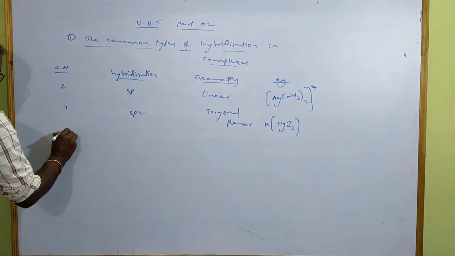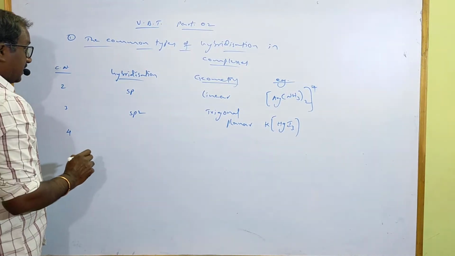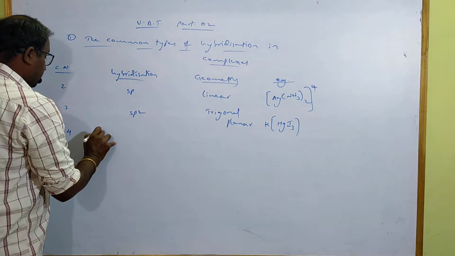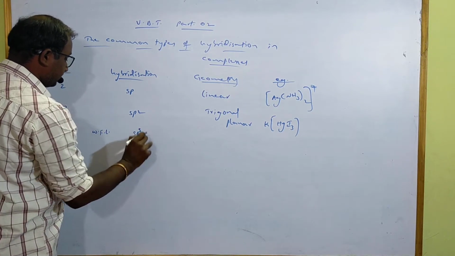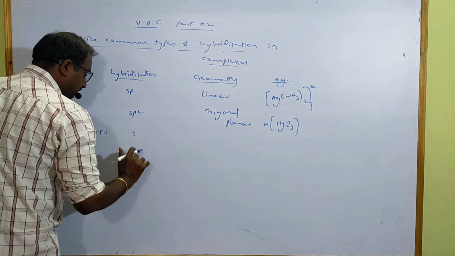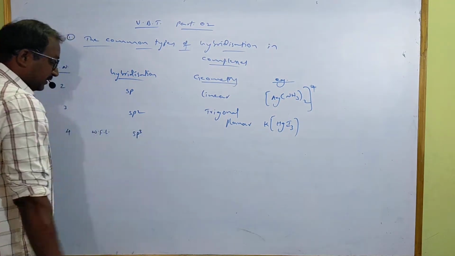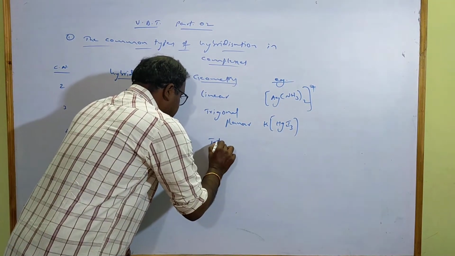Next, if coordination number is 4, if the ligands are weak field ligands, definitely hybridization will be sp3. Hybridization is sp3 and shape will be tetrahedral.